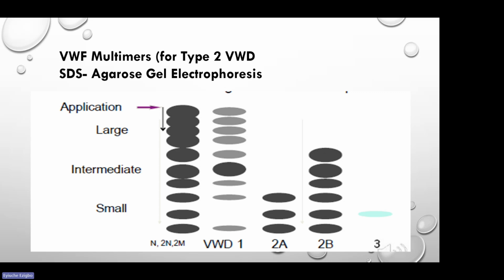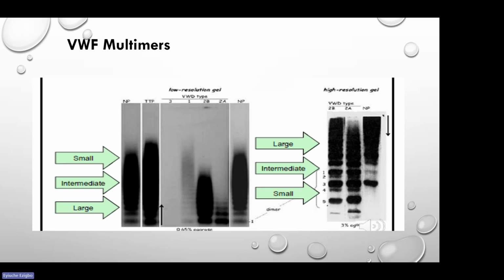Type 2A, you can see the multimer is less. Then type 1 von Willebrand disease, you can also see the multimer is less, with satellite bands. This is a gel image showing the von Willebrand factor multimers.